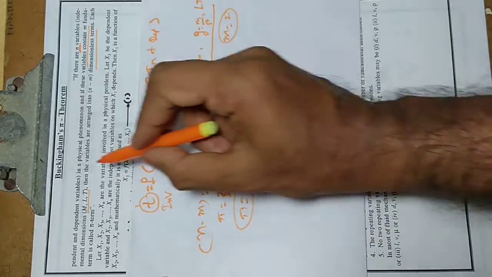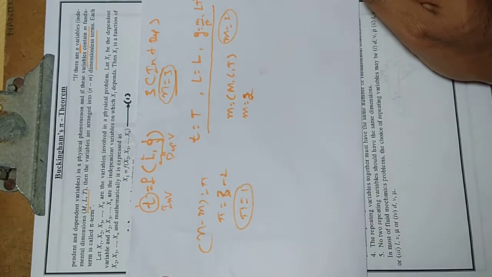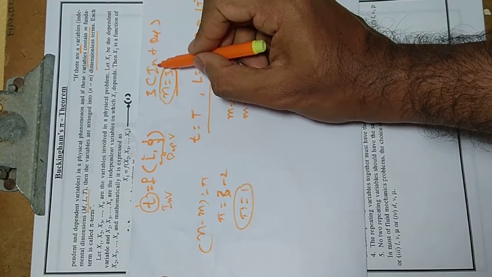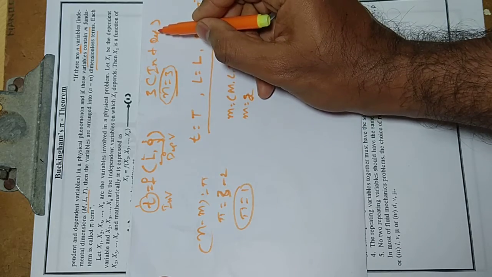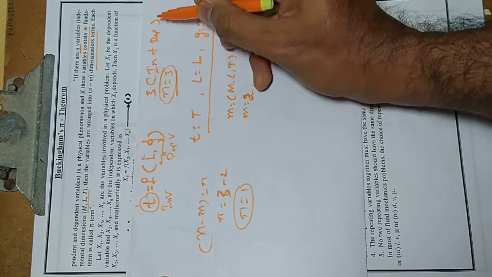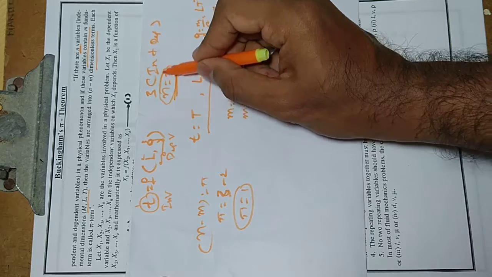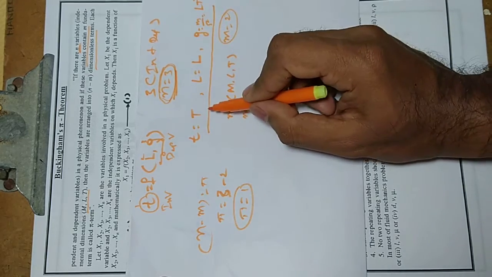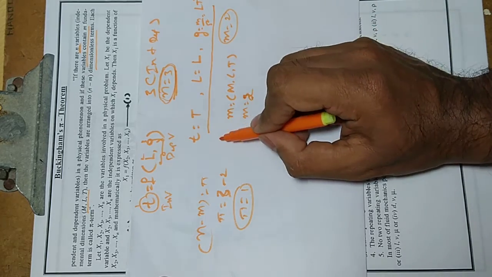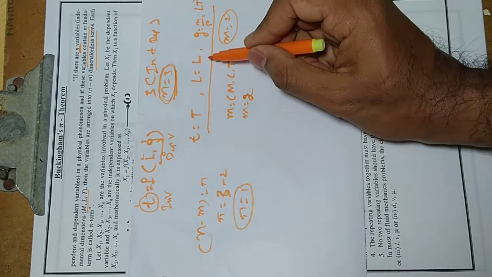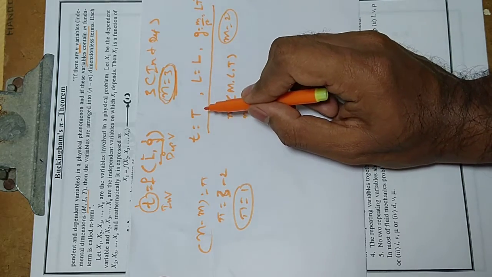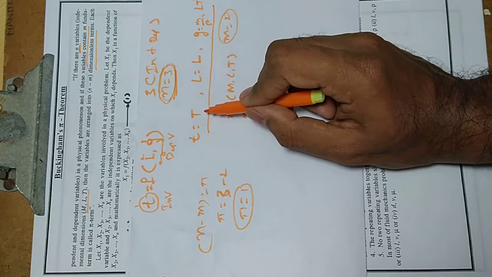So this is Buckingham's pi theorem. Now you know what is meant by the independent variable and the dependent variable. Then, to find n, count the total variables. Then write the dimensions of all the variables and count how many fundamental dimensions there are.